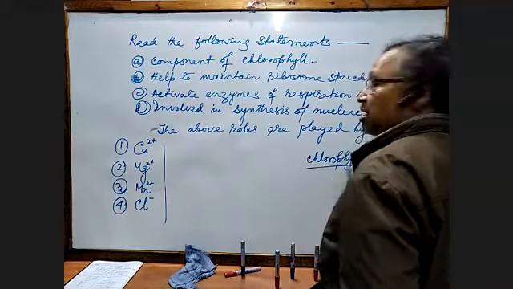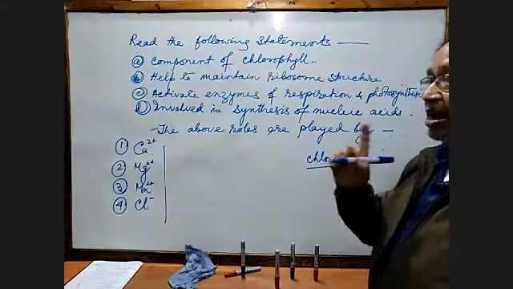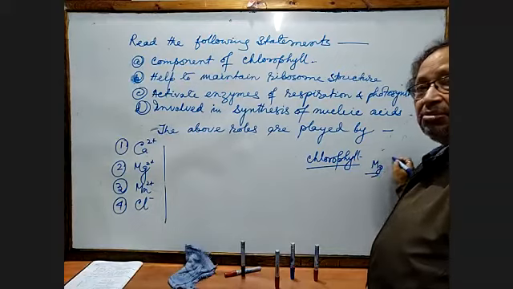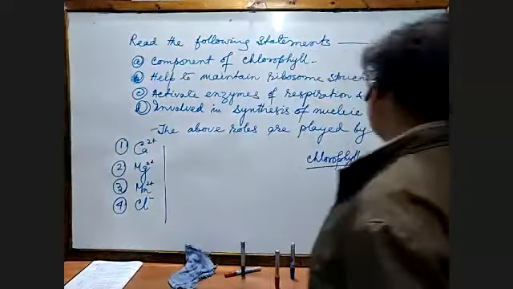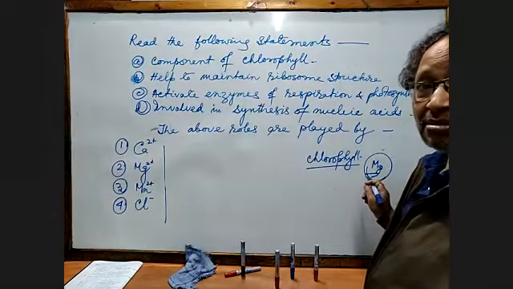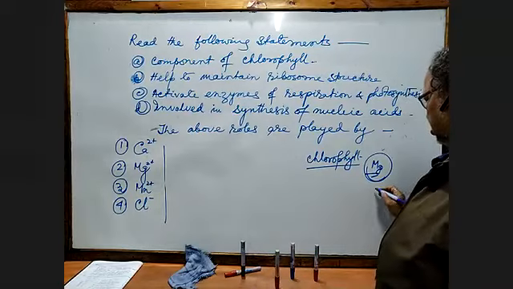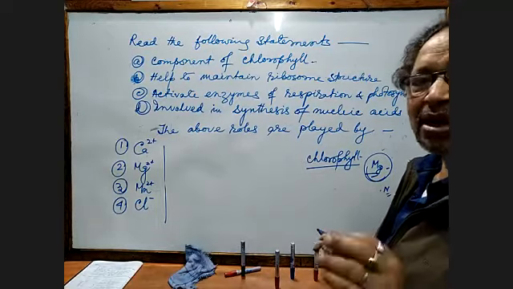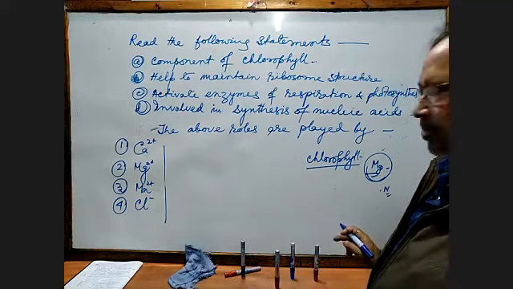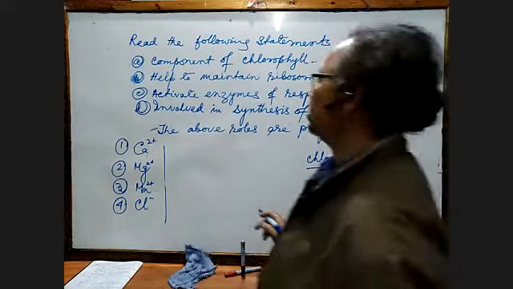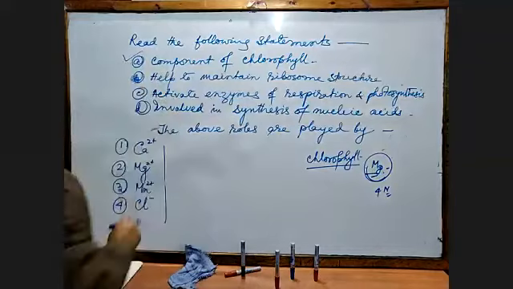Chlorophyll is a very large molecule, but each molecule of chlorophyll contains one atom of magnesium at the center and 4 atoms of nitrogen. 1 magnesium, 4 nitrogen, and the rest is carbon, hydrogen, and oxygen.